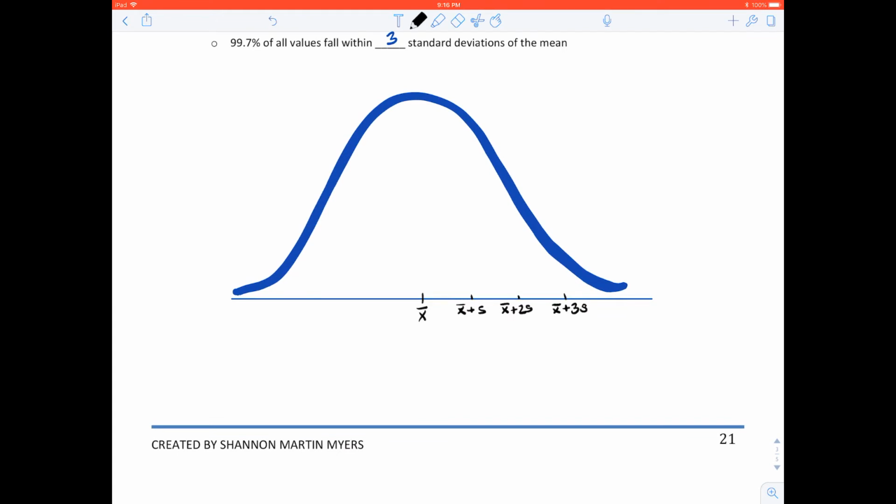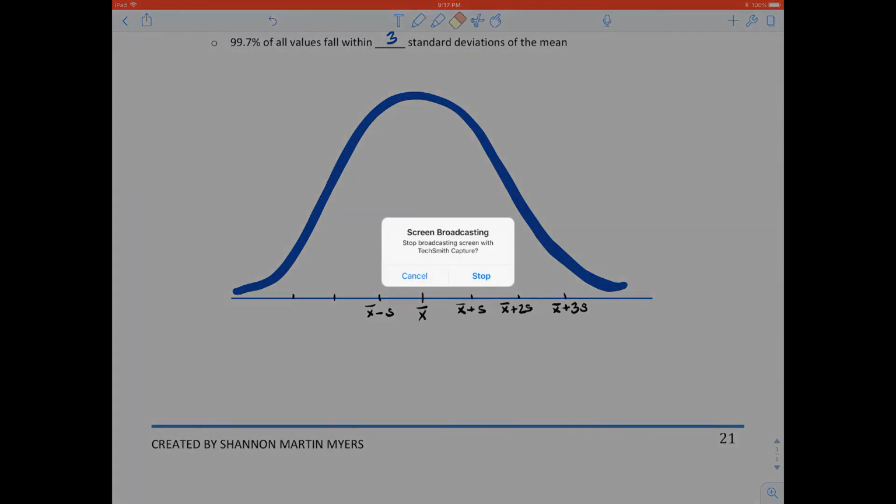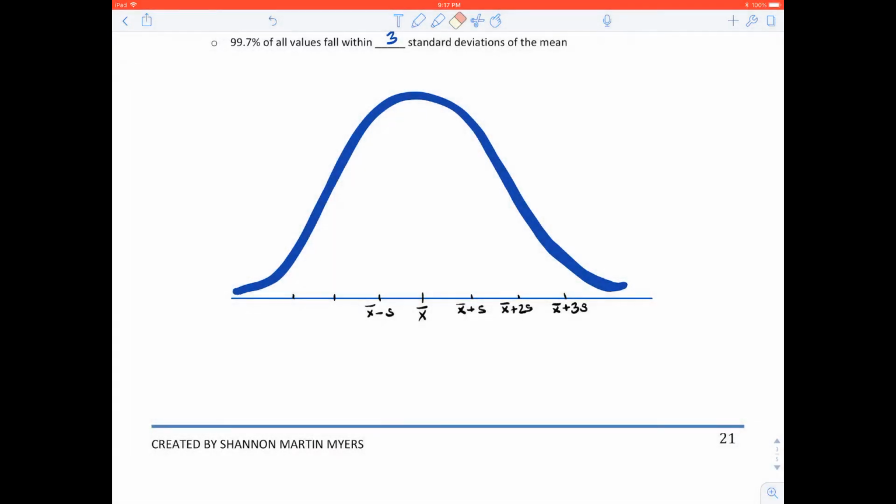And then here, okay, so we'll have x bar minus 1 standard deviation, and then x bar minus 2 standard deviations, and then over here we'll have x bar minus 3 standard deviations.